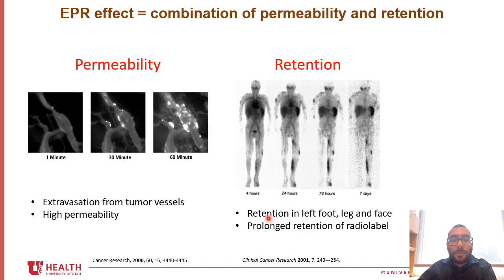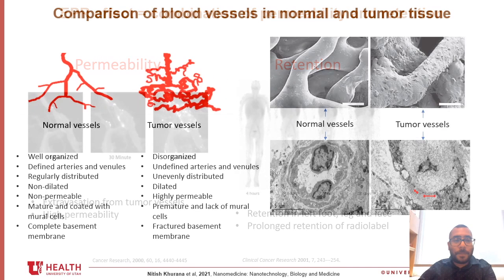It means that for a prolonged period of time, those nanoparticles have to be retained in the tumor site. For example, in this case that you see, this patient had a tumor in his leg, some mass in the leg, and some in this region, and the nanoparticles that were injected in the patient were retained there for 7 days. So it has to be a combination of both permeability and retention.